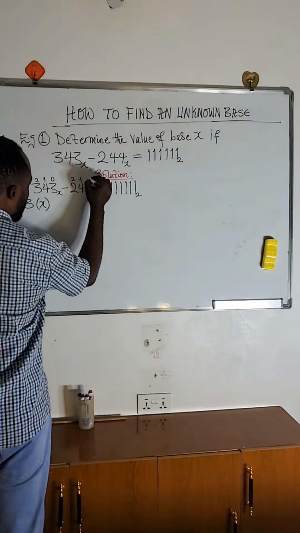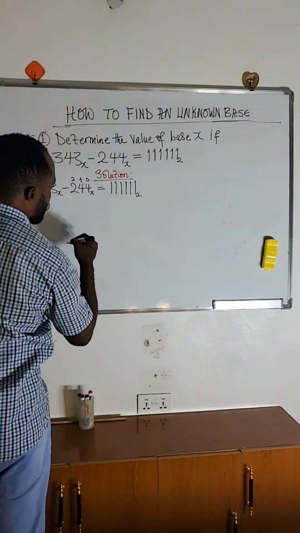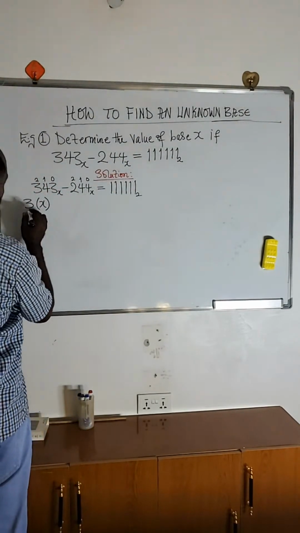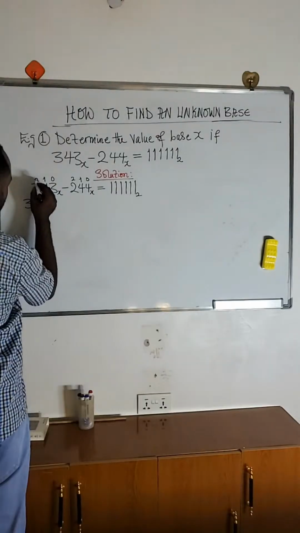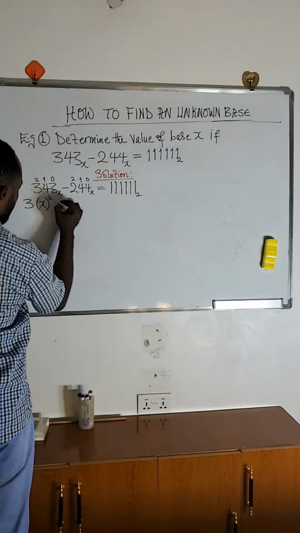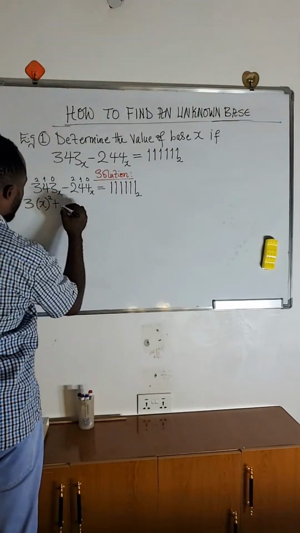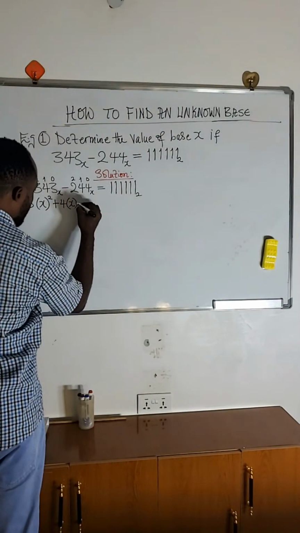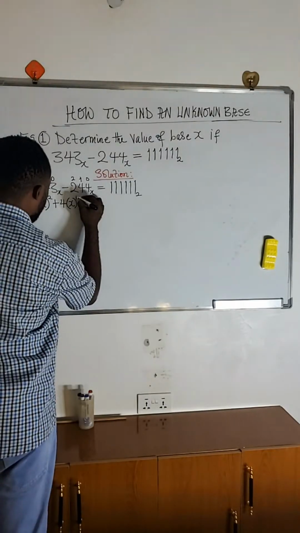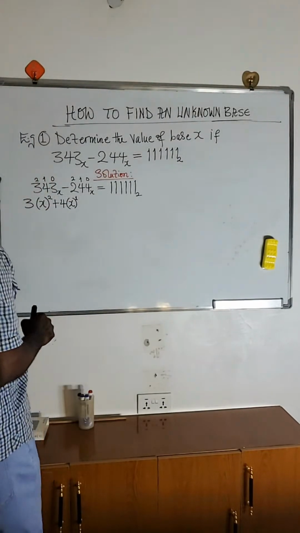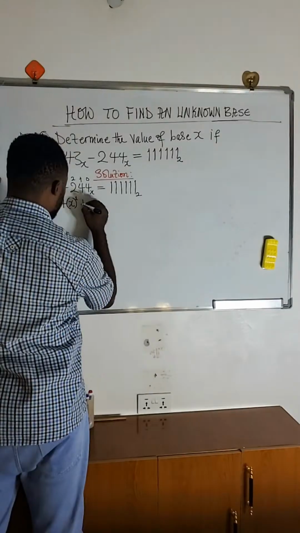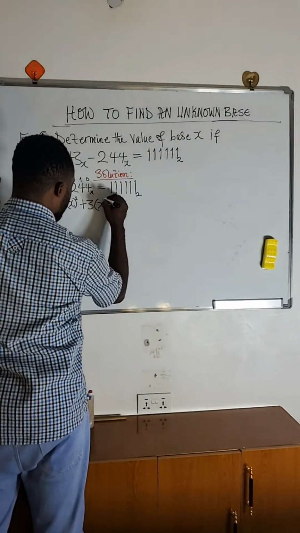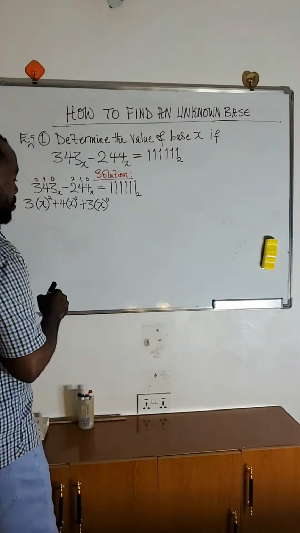So 3 times x raised to the power of 2, plus 4 times x raised to the power of 1, plus 3 times x raised to the power of 0.